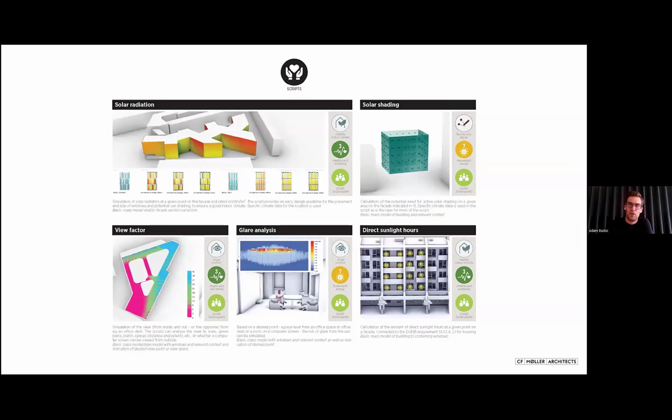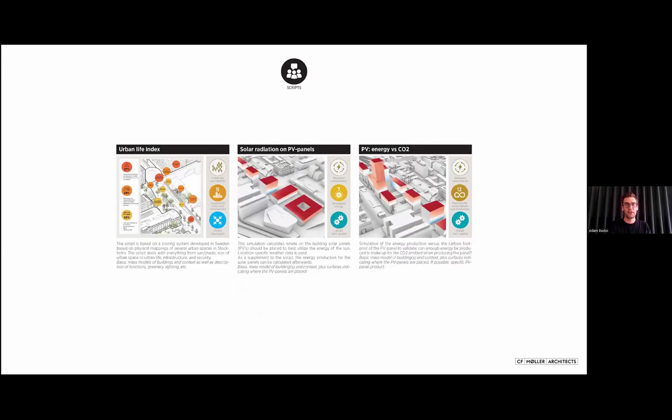And then, of course, the solar shading and irradiation. That's something that we work with quite a lot in terms of designing the facades. And then the PV panels and the amount of energy you can produce of each building. That's also something that the clients are asking more and more.